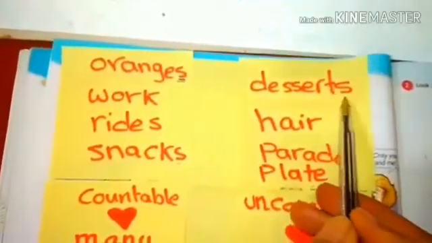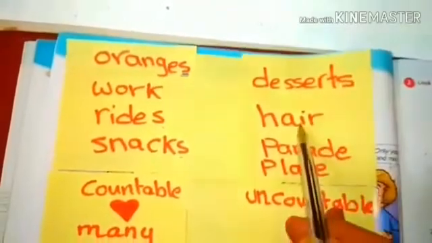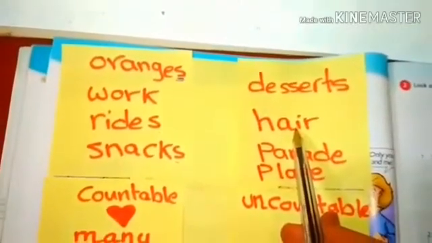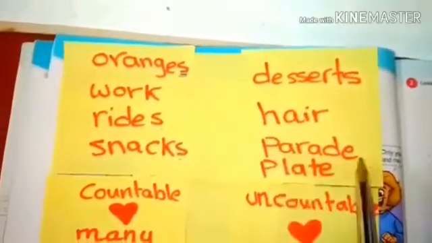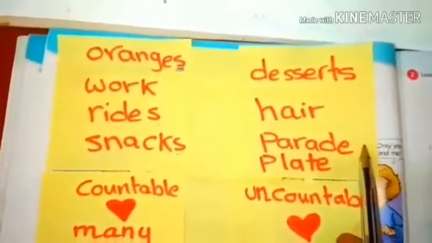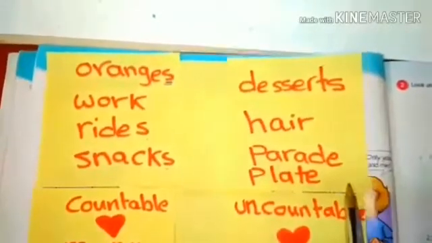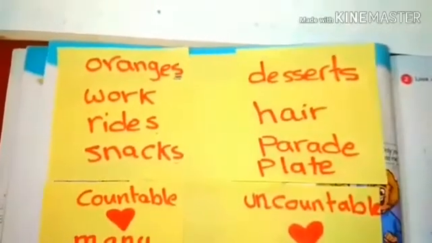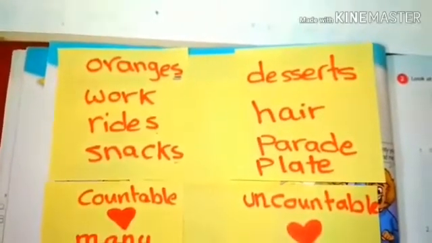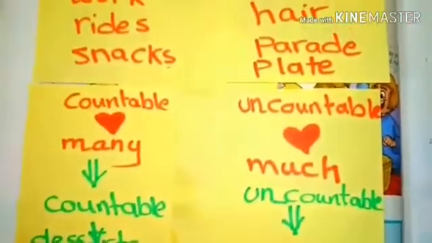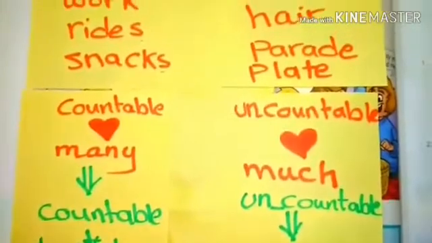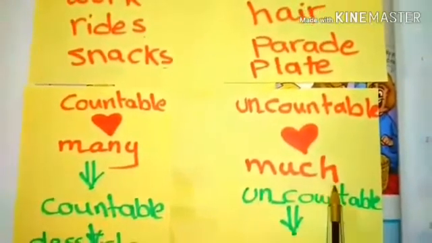Desserts, it's countable. Hair, it's uncountable. Parade, it's countable. Plate, it's countable. Now, as we said before, if the noun is countable, we will use many. And if the noun is uncountable, we will use much.